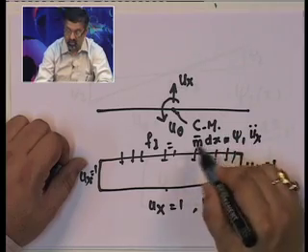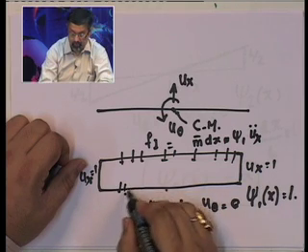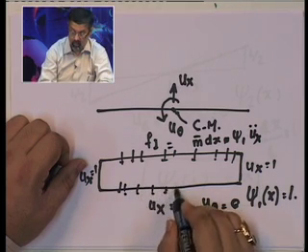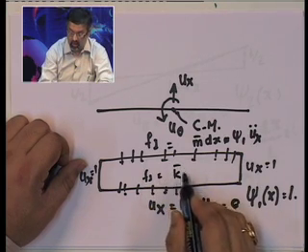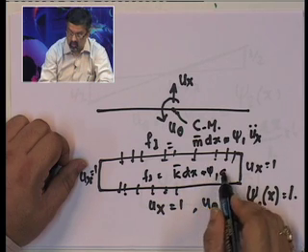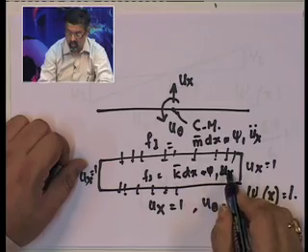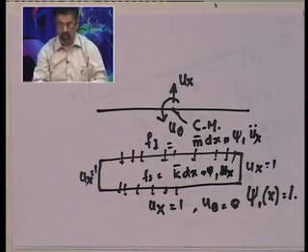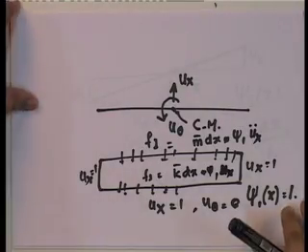That is my F I. Similarly, I have my F s, and that is equal to k bar dx into xi 1 into u x. Okay. So, those are the forces here.